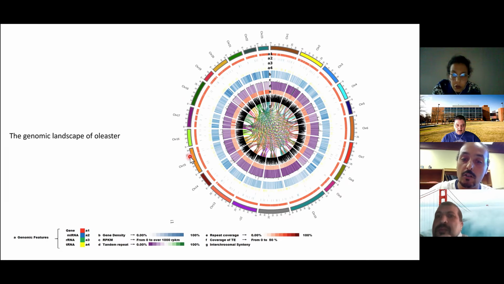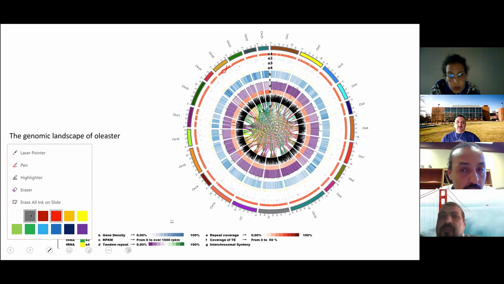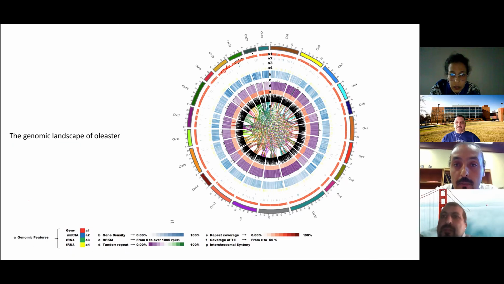These are the 23 chromosomes in the wild olive genome. We go a layer in, and it's telling us about the genes. Can you see when I modify here? Yes, we can see. So these are the genes.